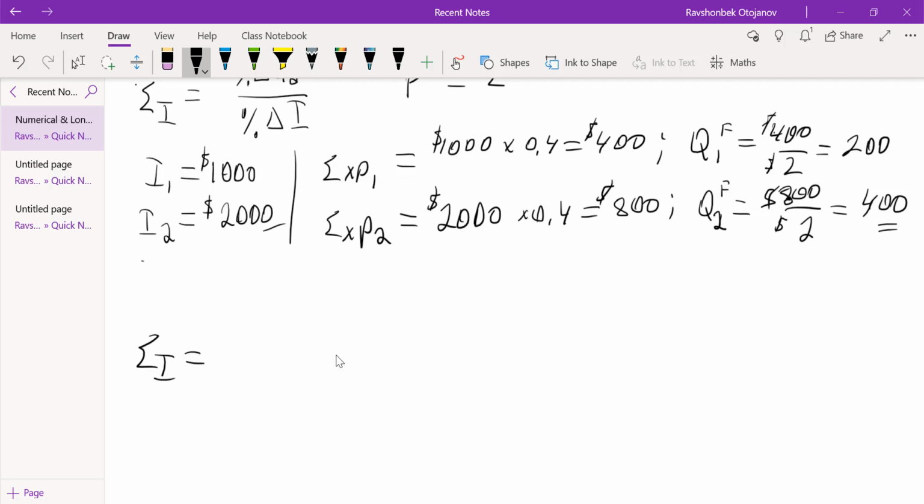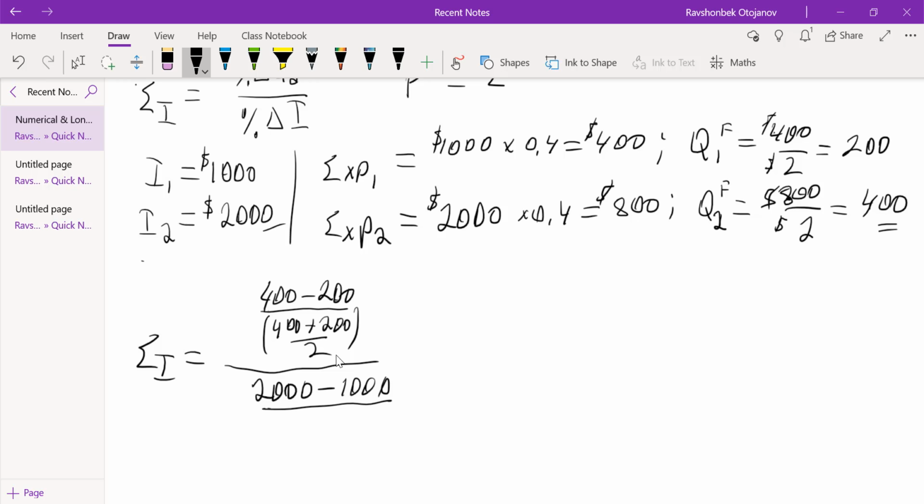Income elasticity of demand is equal to the percentage change in quantity demanded over the percentage change in income. So the quantity demanded is 400 minus 200 over the average, 400 plus 200 over 2. Now the income is 2,000 in this case, and 1,000, so 2,000 minus 1,000 over 2,000 plus 1,000 over 2. That gives us 200 on the numerator, and on the denominator 300.